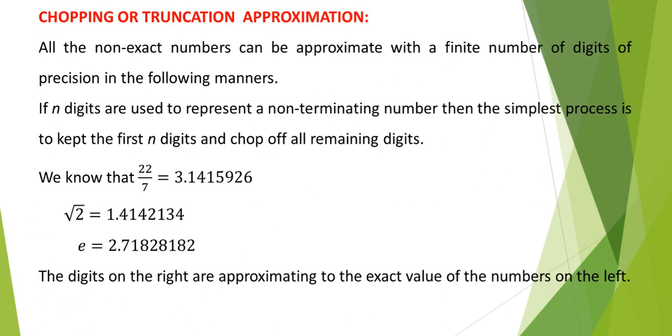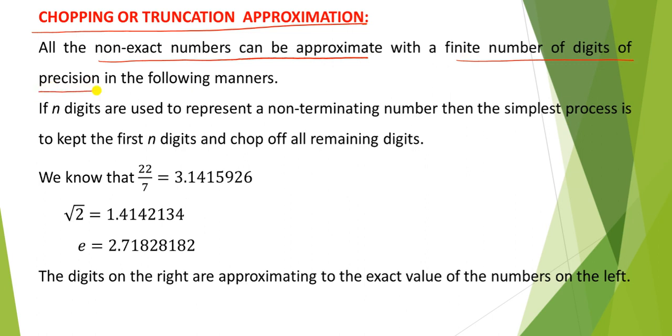Now chopping, or truncation approximation. All the non-exact numbers can be approximated with a finite number of digits of precision in the following manner. If n digits are used to represent a non-terminating number, the simplest process is to keep the first n digits and chop off all the remaining digits.